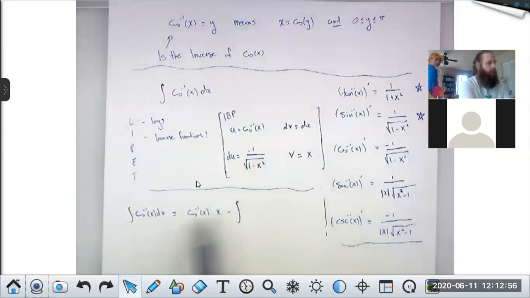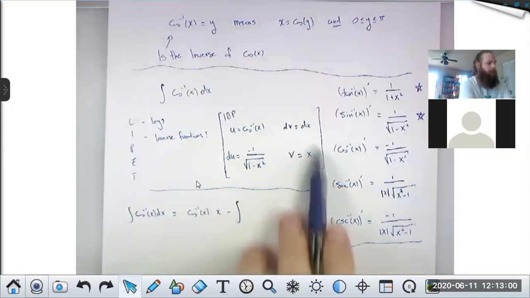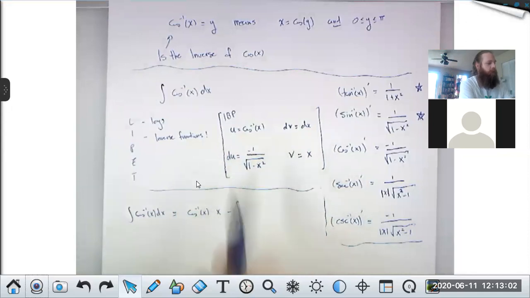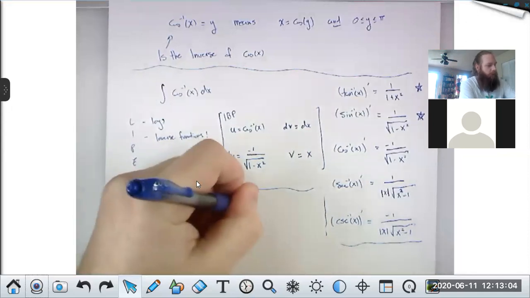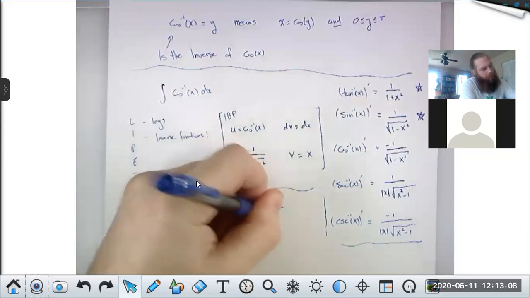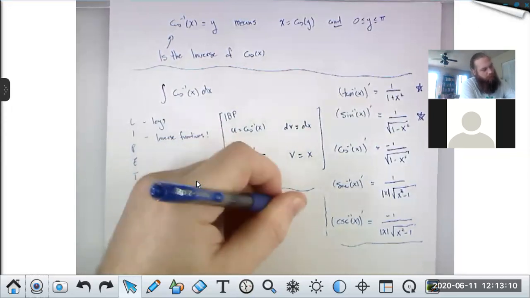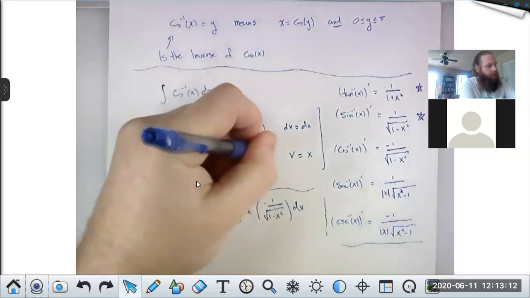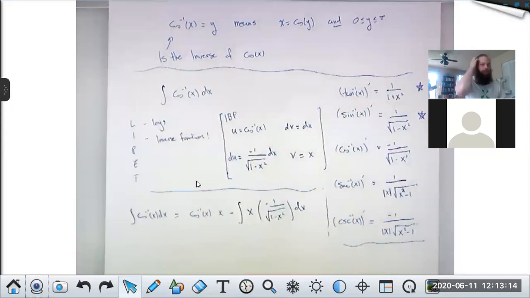So it's u times v. It's the integral of v, which is x, times u. Oh, v times du, gotcha. Times negative 1 over square root 1 minus x squared dx. Sorry, and my du here should have a dx on it. Yeah, so that's our IBP output.